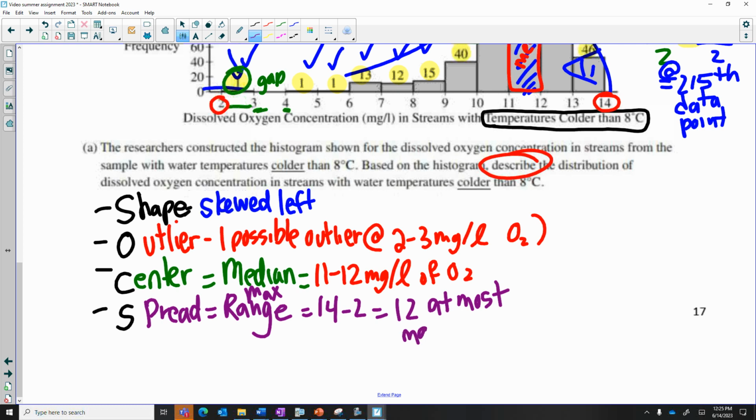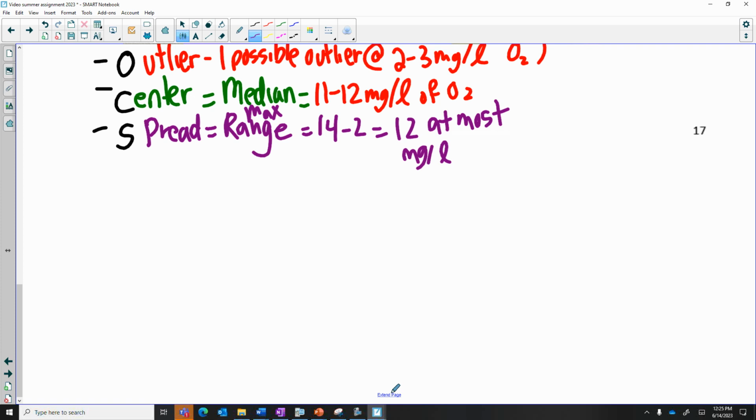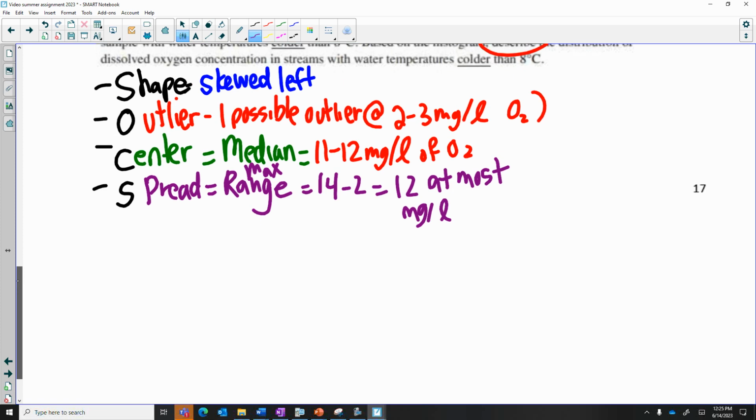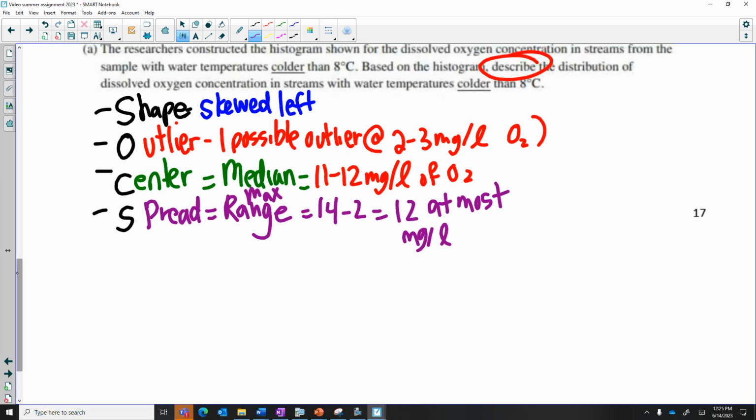Okay, so now I'm ready to actually throw in the context of the question because I have all my bullet points lined up. So I'm going to say the shape of the distribution of dissolved oxygen concentration in streams with water temperatures colder than 8 degrees Celsius is skewed left. There is one possible outlier stream.